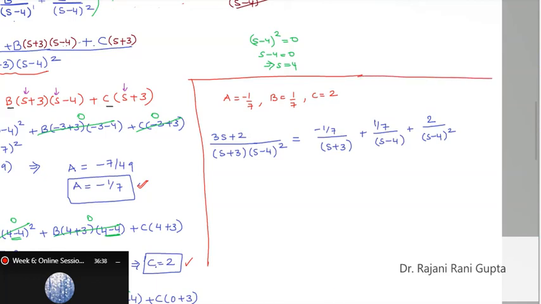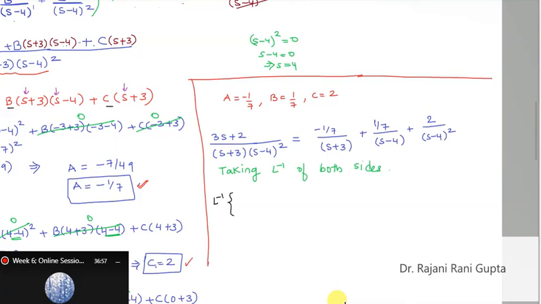Okay, now taking the inverse Laplace transform of both sides, what we will get?